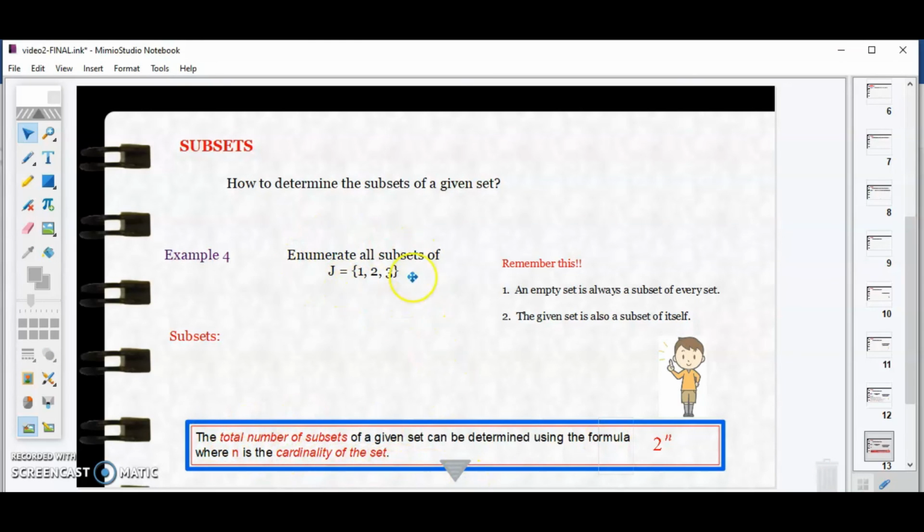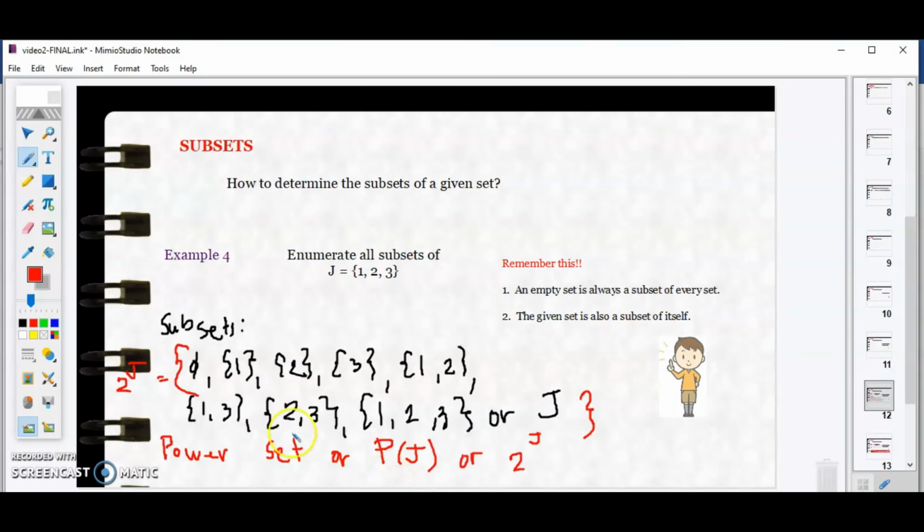So, dito, si set J ay merong 3 elements. So, kung tayo ay may gagamitin ito sa set J, 2 raised to 3 is 2 times 2 times 2. And this will give us 8. So, dapat merong 8 subsets. Balikan natin yung kanina. So, meron siyang 1, 2, 3, 4, 5, 6, 7, 8.